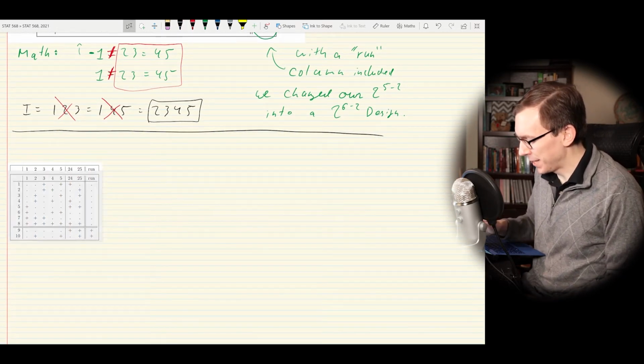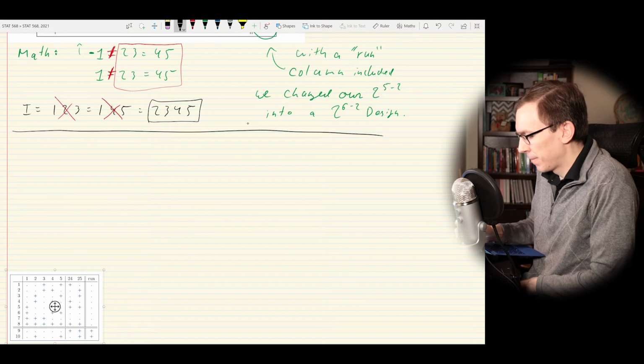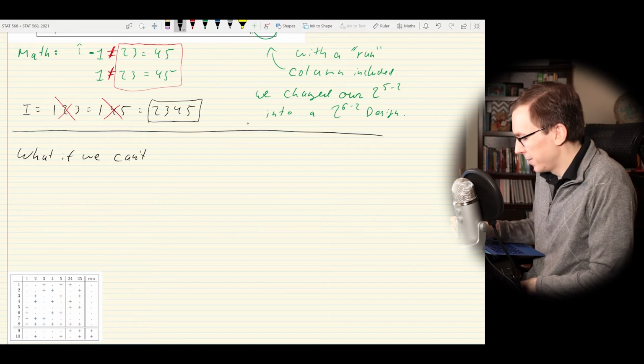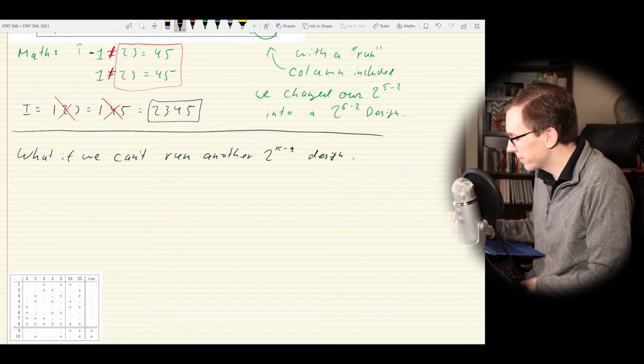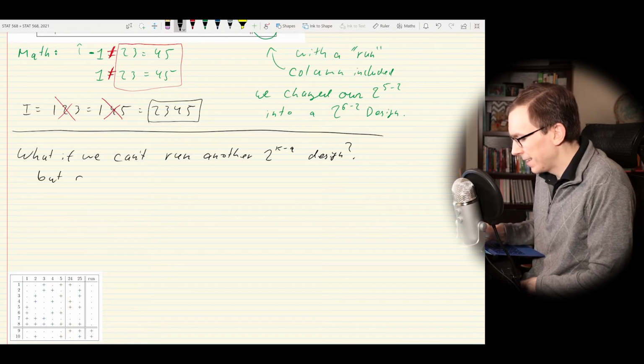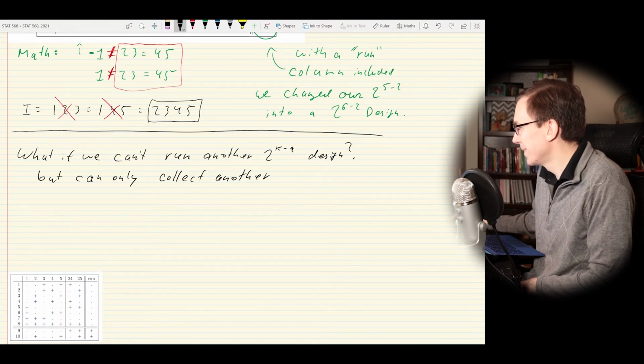So let's move this guy. That's what this box is that I keep sliding further and further down the page. So the new thought is, well, what if we can't run another 2^k, that looks like a z, let's try that again, 2^(k-q) design, but can only collect another, let's see, what was the notation I was using for this case?